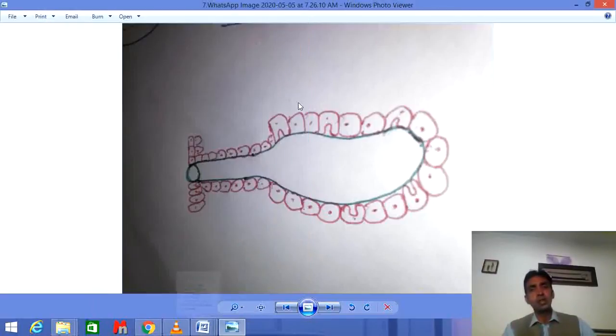Each parietal cell consists of one or more canaliculi. The HCl and intrinsic factor are first secreted into the canaliculi, and from the canaliculi they go to the gastric gland lumen. From the gastric gland lumen they go to the neck, and from the neck to the gastric lumen, to the stomach.